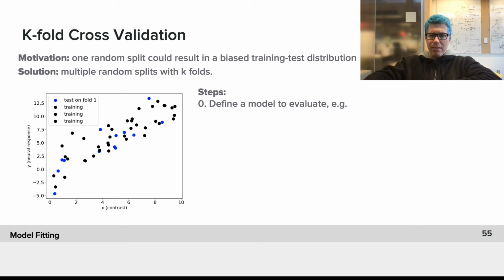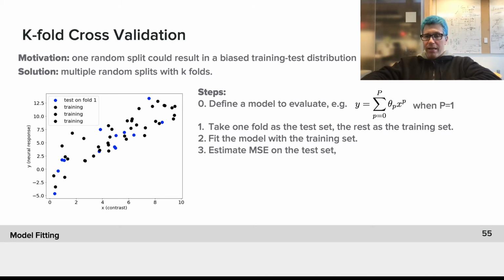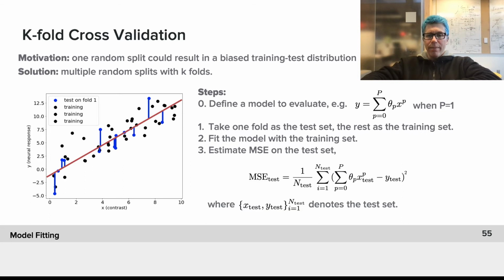So what are the steps? We define a model to evaluate, for example, say a linear model. Then we take 1 fold as the test set and the rest is the training set. We fit the model with that training set. Estimate the mean squared error on the test set if we have that linear model. Here's our linear model.